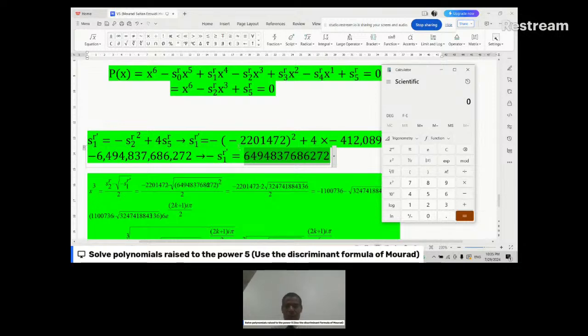I will make negative, because this is the discriminant, negative 2,201,472,000 plus 4 times 6,494,837,686,272.